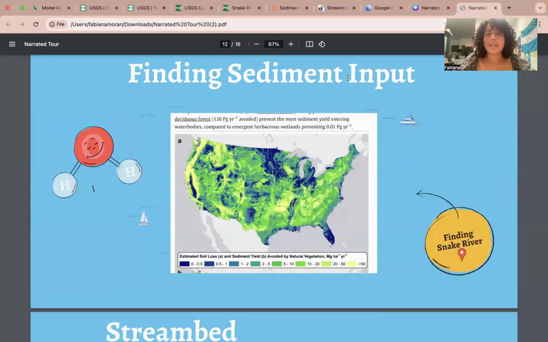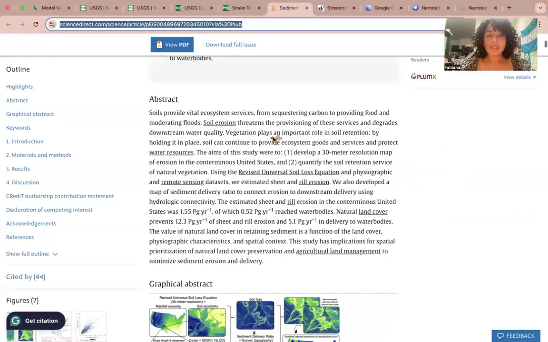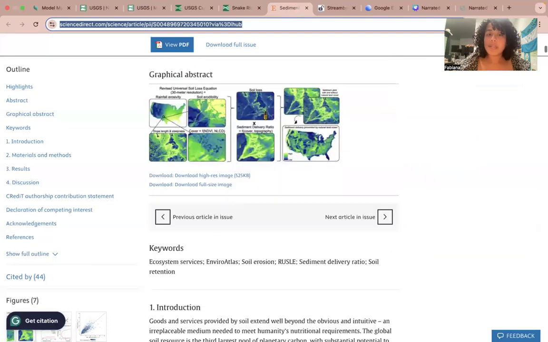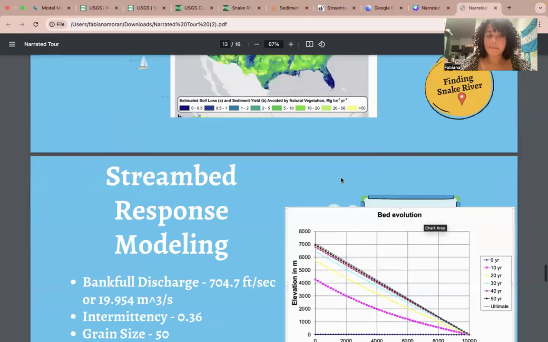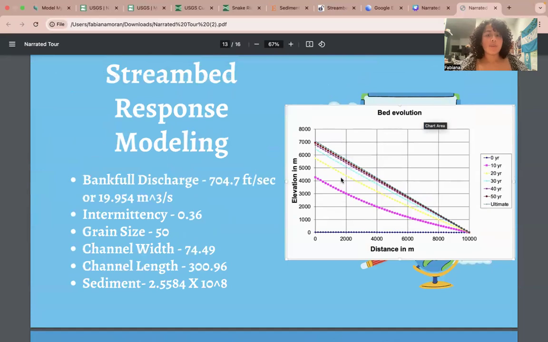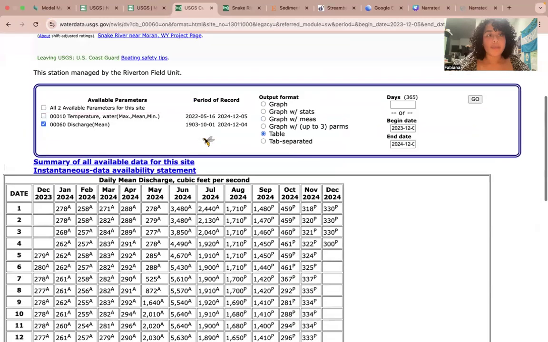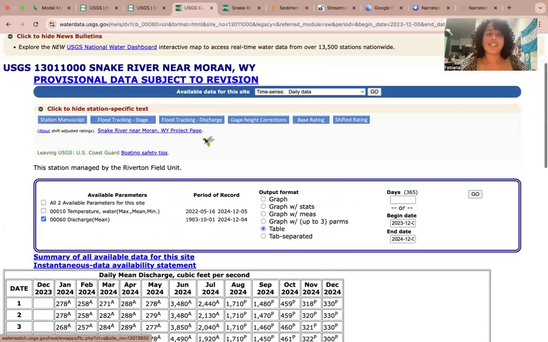So finding the sediment input, I referenced this paper, which helped me get my numbers for how to find the sediment input based on location. So this is the math that I used once I started to find these different variables. For my bankfull discharge, I had to convert it. And my intermittency, I was able to find on the USGS.